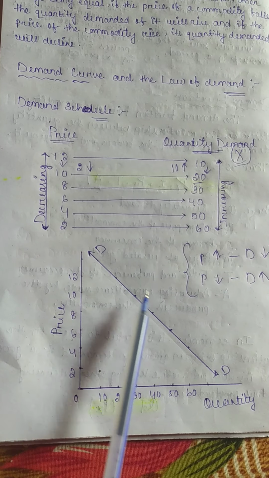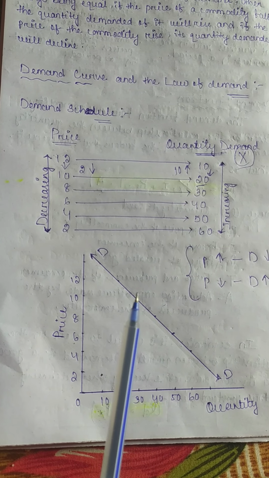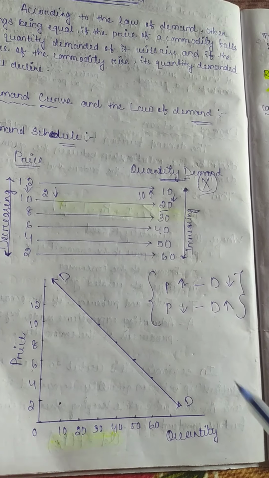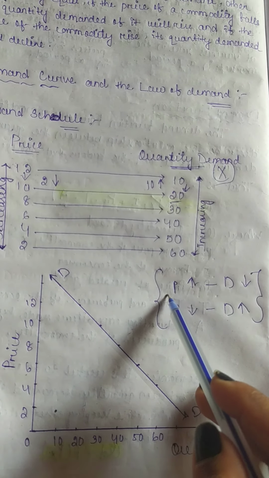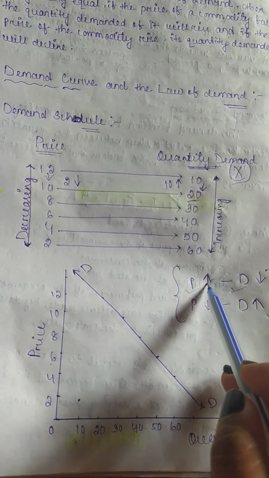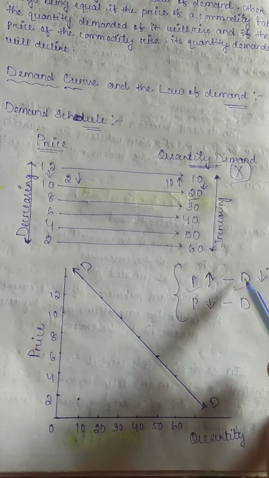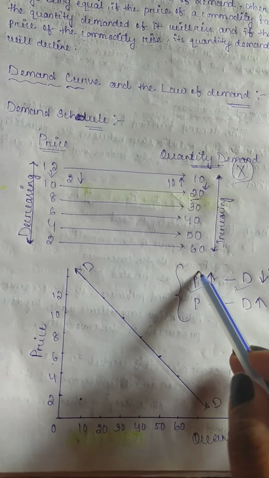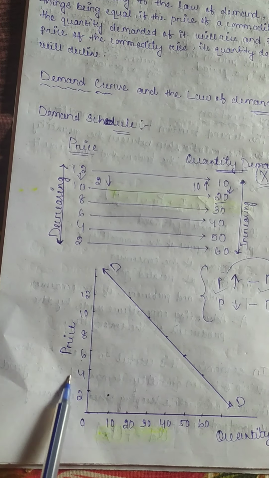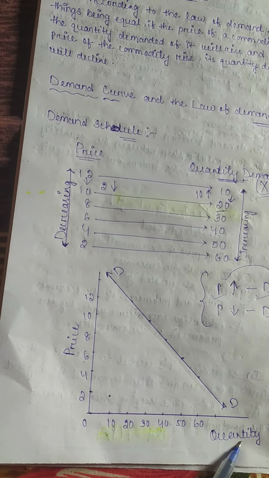The demand curve is downward sloping because of the inverse relation between price and quantity demanded. Inverse relation means when price increases, demand decreases. Here in this curve, as price is increased, demand is decreased. It is an inverse relation. Only because of this inverse relation, the demand curve is downward sloping.